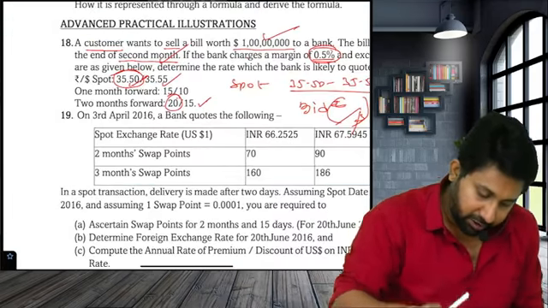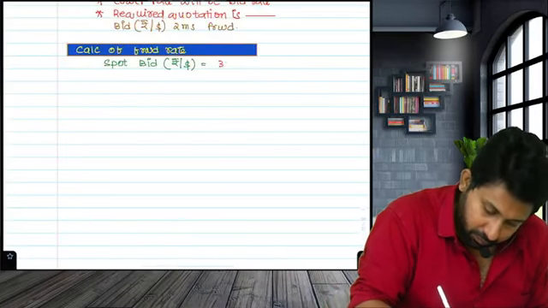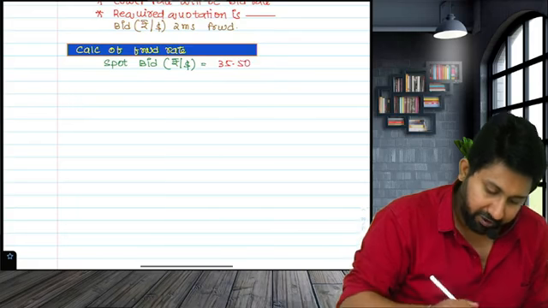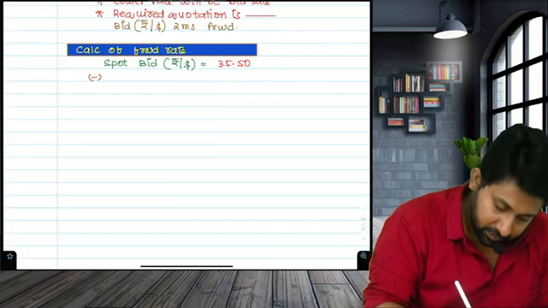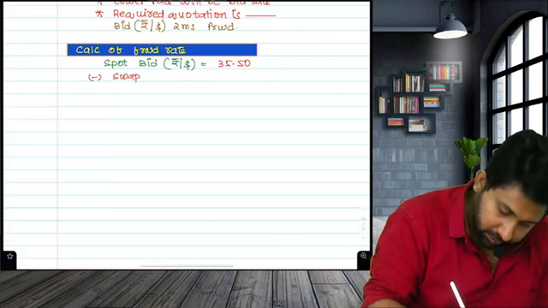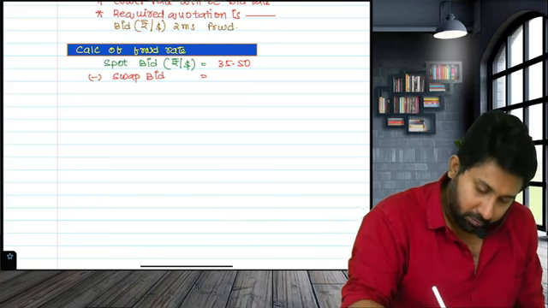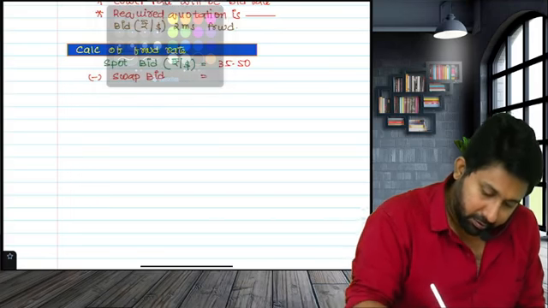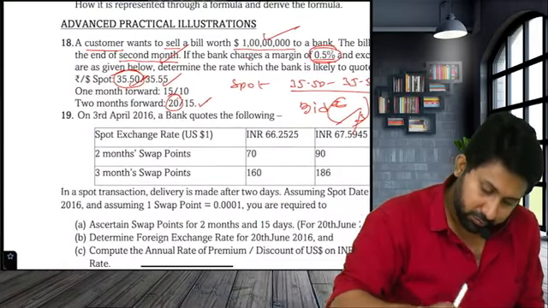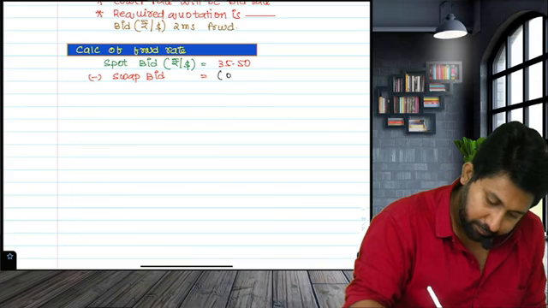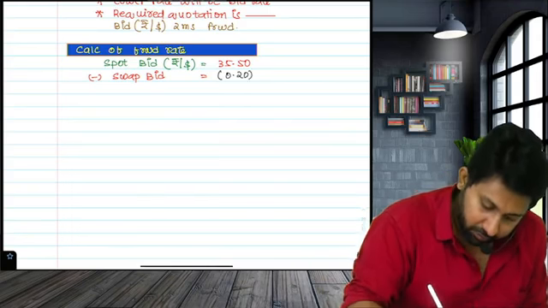Spot bid of rupee by dollar is how much? 35.50, minus swap bid. How much do we need to reduce? 0.20.